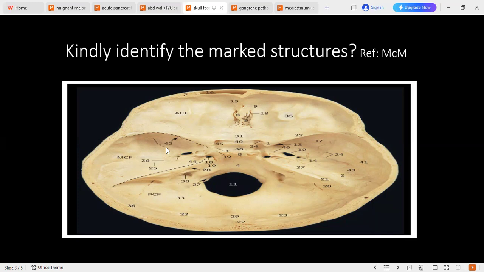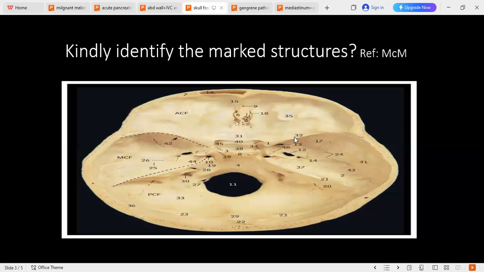Okay, please identify number 8 here. 8 is dorsum sellae. Okay, please identify number 1. This is anterior clinoid process. Yes, very good. Number 32. 32 is lesser sphenoid vein. Previously was greater sphenoid vein.